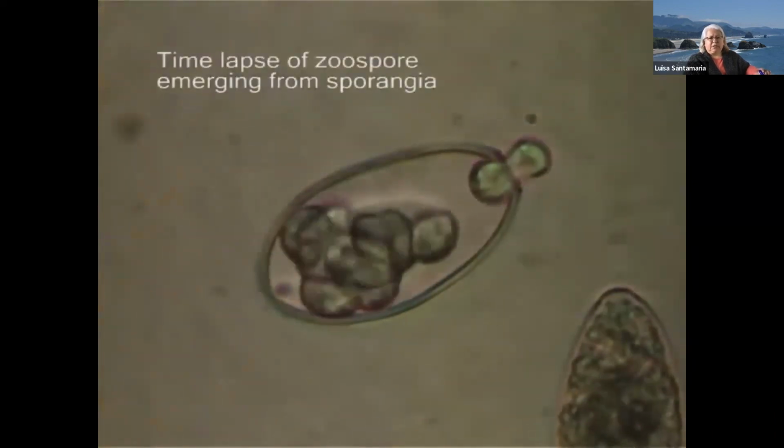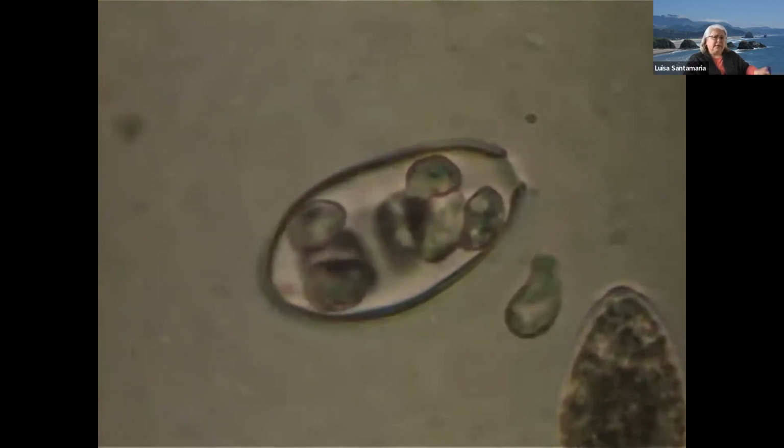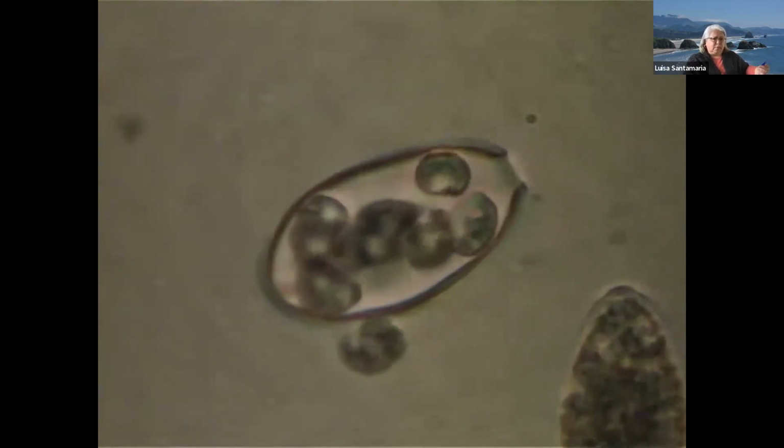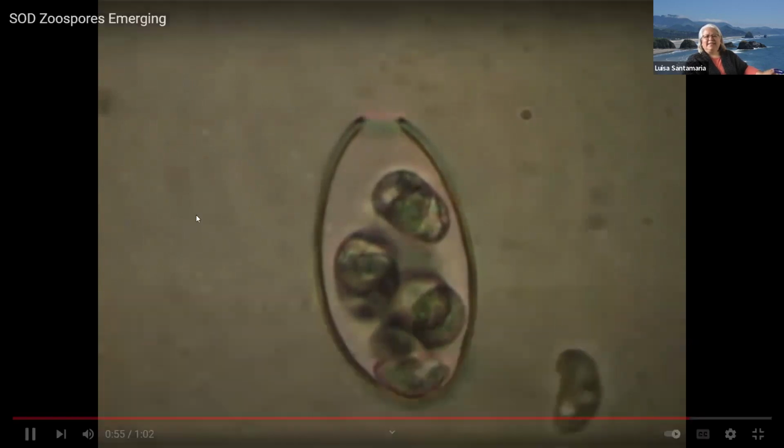The number of zoospores inside the sporangia is related with the species. It varies from maybe 50 to more than 100 zoospores, depending on the species. And you can see how they start to leave like it was an egg, right? With many babies there.